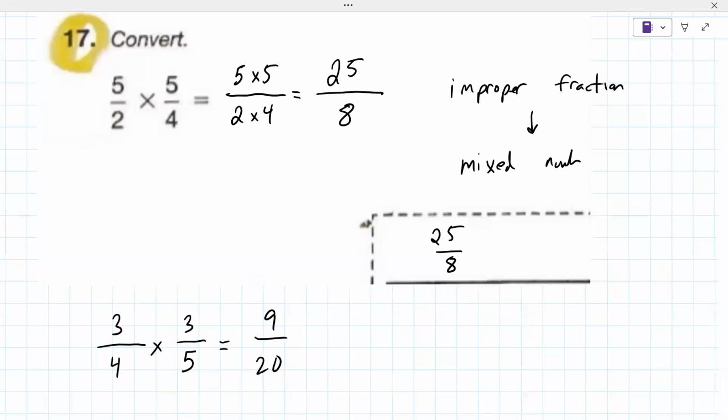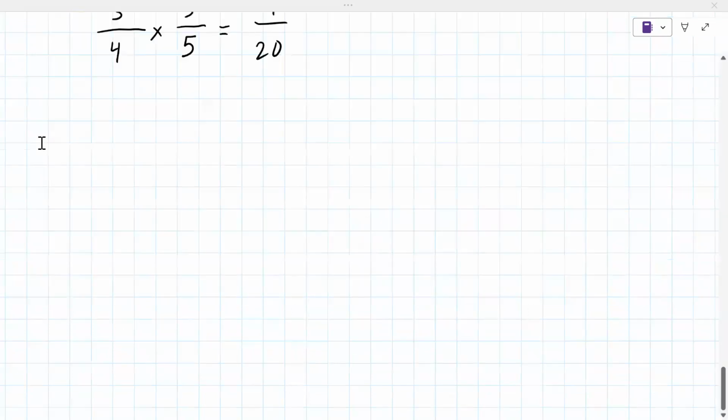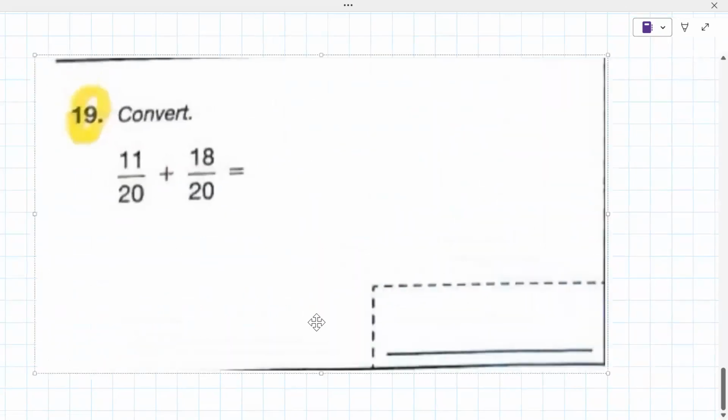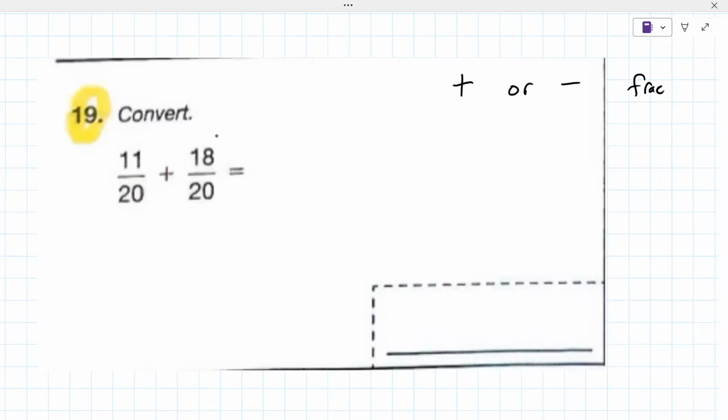All right. Let's look at 19. Okay, so 19. Now you're adding fractions. So to add or subtract fractions, this is very important. They have to have the same denominator.